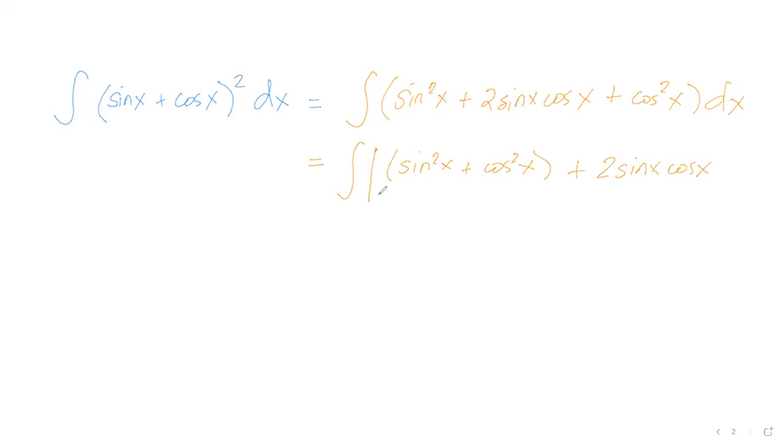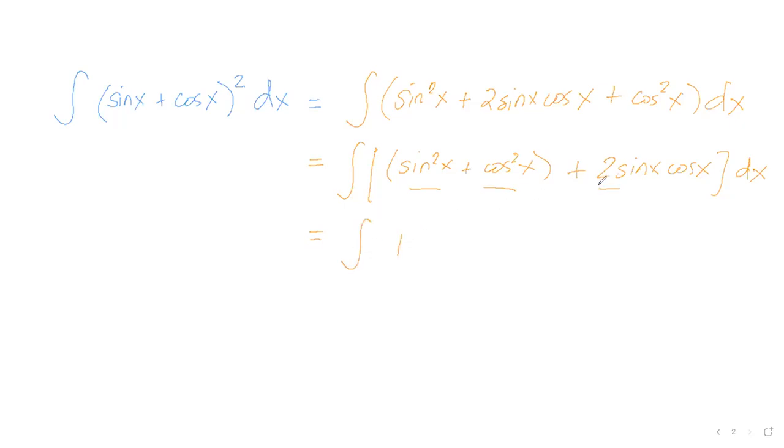Now, why do you think I grouped these two, or put side by side the sum of the squares of the sine and the cosine? What do you think is the purpose? The value is 1. Very good. So I will write here integral of 1.